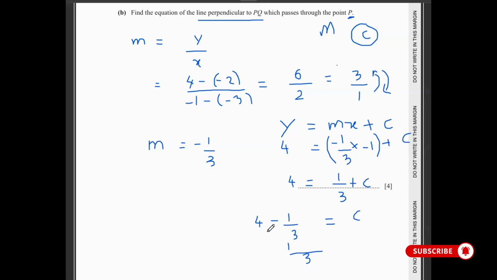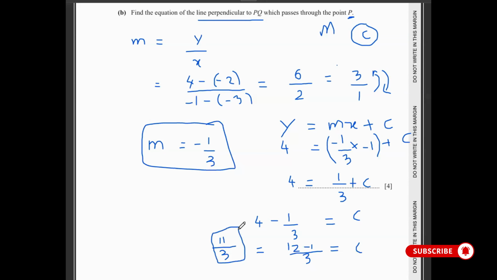Then it's 12 minus 1 equals c. So c equals 11 over 3. Now we know c and m both. M is minus 1/3 and c is 11 over 3.